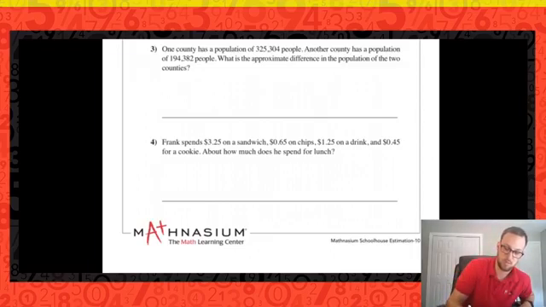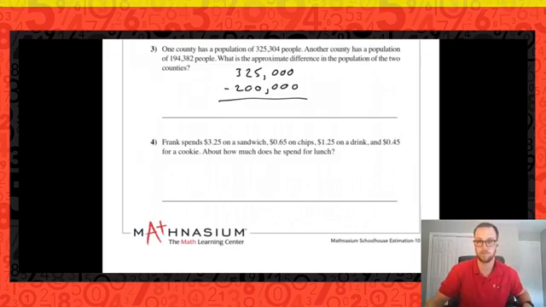So, 325,304 is very close to just 325,000. And our second one, we can round up. We'll go ahead and call that 200,000. So what is the difference? And when we're talking about difference, we're going to subtract. The difference is approximately 125,000 people. A lot of people. Yeah, very good. That's a lot of people.